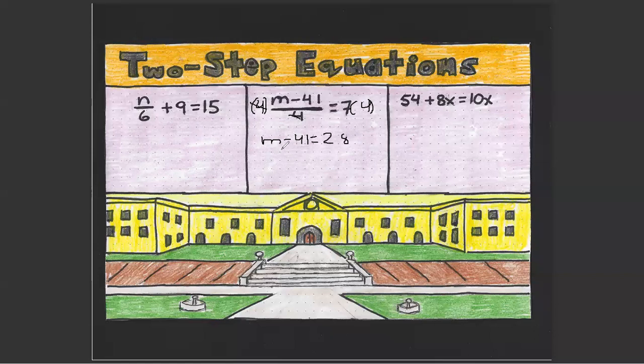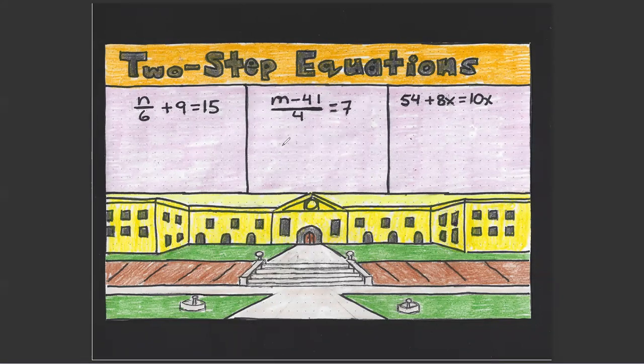And so what we're going to do right here to find out what m is, we're just saying, well, m take away 41 will give me 28. The way we can do that is we can just add 41 to both sides. And we'll find out that m is equal to 69. Let's check that to make sure that 69 is actually the replacement for m.